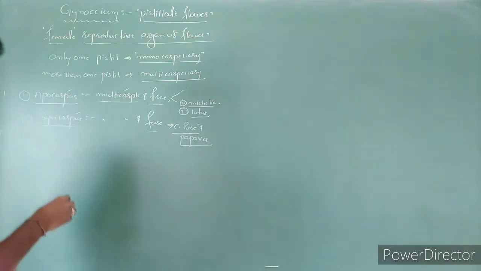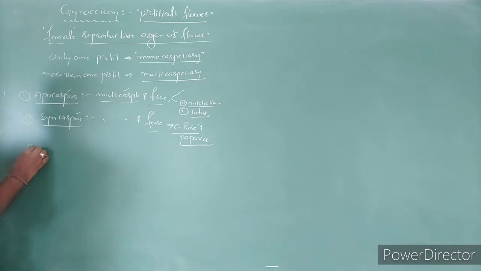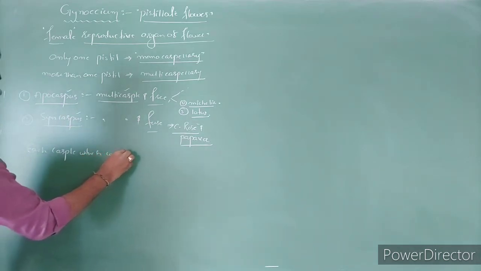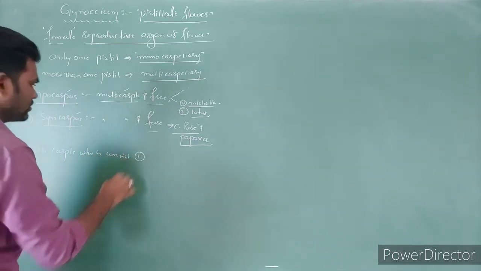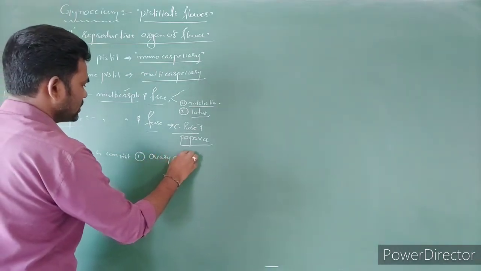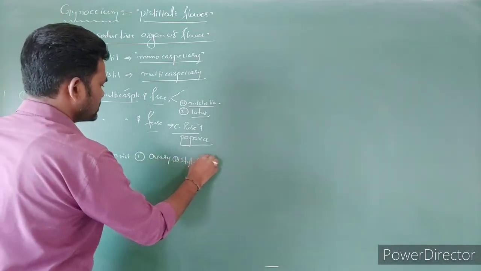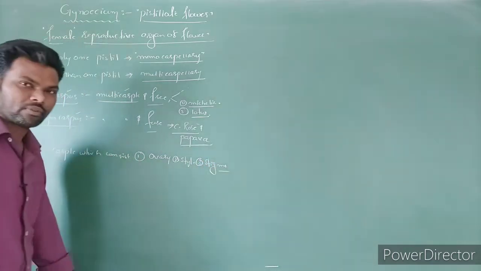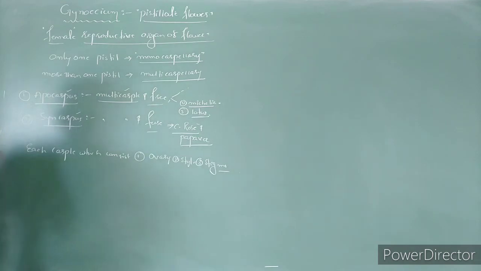Generally, each carpel consists of three parts. One is ovary, next style, next stigma. Style and stigma. So let's say, for example, in NCERT the diagrams are given. One simple diagram is here.